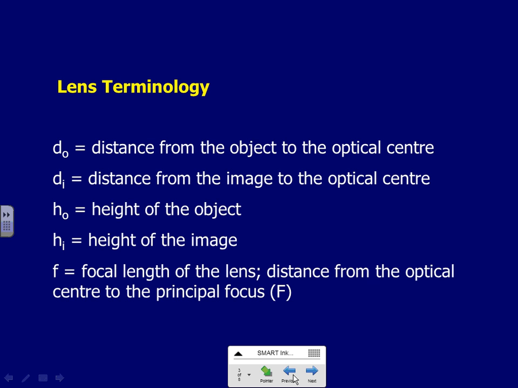If magnification is negative, what does that tell us about the image? If the magnification is negative, it's inverted. And if the magnification is positive, it's upright. I heard somebody whisper it. Upright. But there's also another link that goes with it.